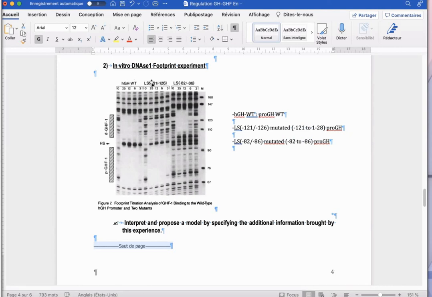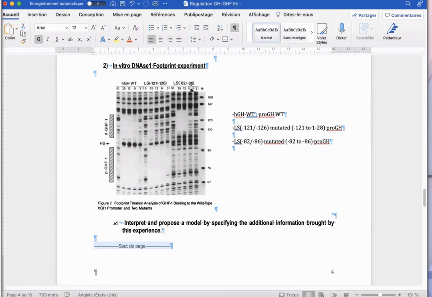LS is a mutation: it's the wild type fragment, but positions from 121 to 126 have been mutated, which corresponds to this gray bar.